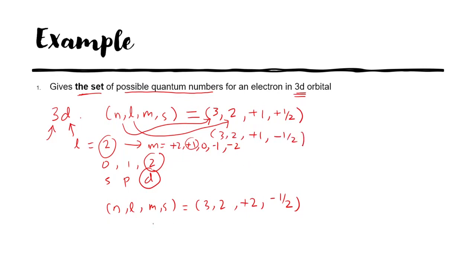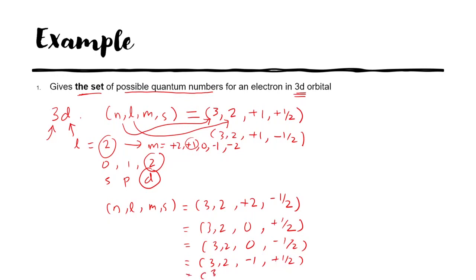And you can still have 3, 2, 0, positive half. All the possible. So this is all the possibility that you can get. You can get a lot. Negative 1, positive half. There will be a lot of possible electrons.